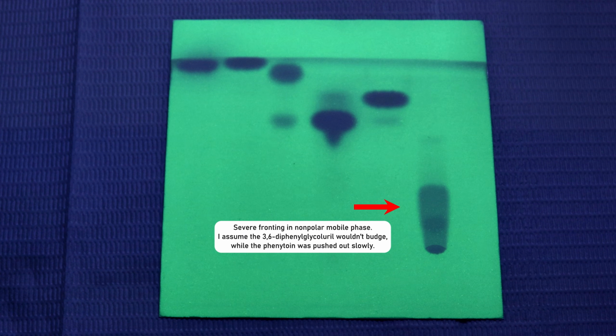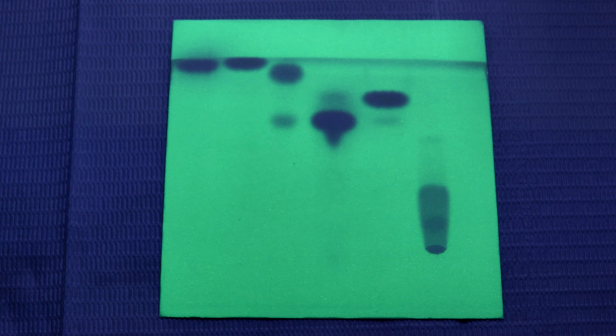I'm going to chalk this up to interactions between the phenytoin and the 3,6-diphenyl glycoluril in the highly nonpolar mobile phase, but I really don't know for certain. In any case, I think it's clear that while all my products are mostly pure, they could definitely all stand to be recrystallized one final time at least.